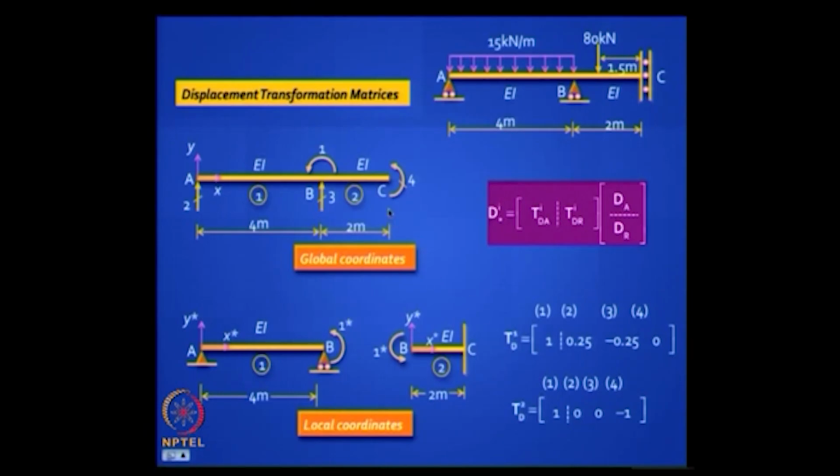If you lift up the middle here, 3, left will undergo anti-clockwise chord rotation of 1 divided by 4, which means minus, because it is a clockwise equivalent end moment, 0.25, whereas nothing for the right end.